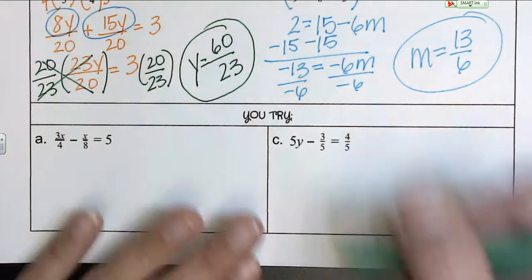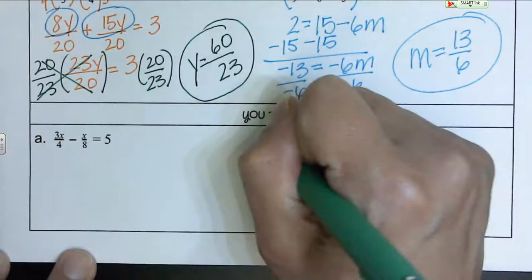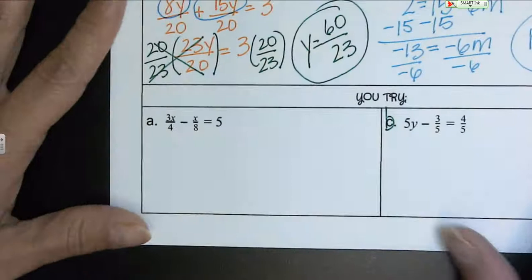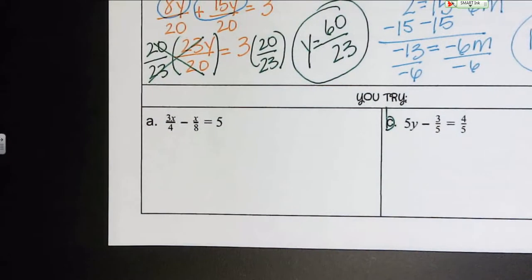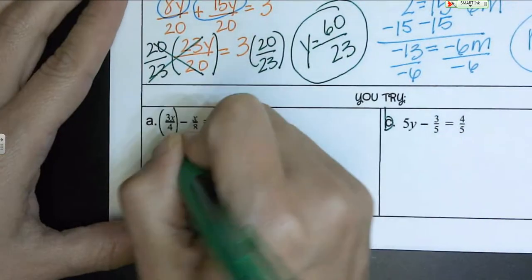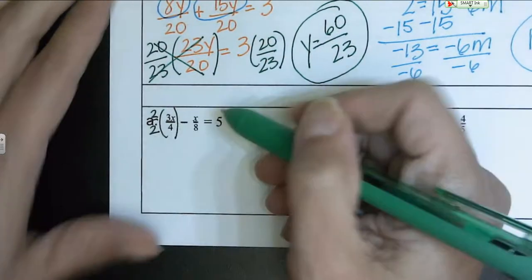So we have 6x over 8 minus x over 8 is equal to 5. 6 minus 1 is 5x over 8. And we're going to multiply by the reciprocal, which is just 8 over 5. And x is going to be equal to 8.